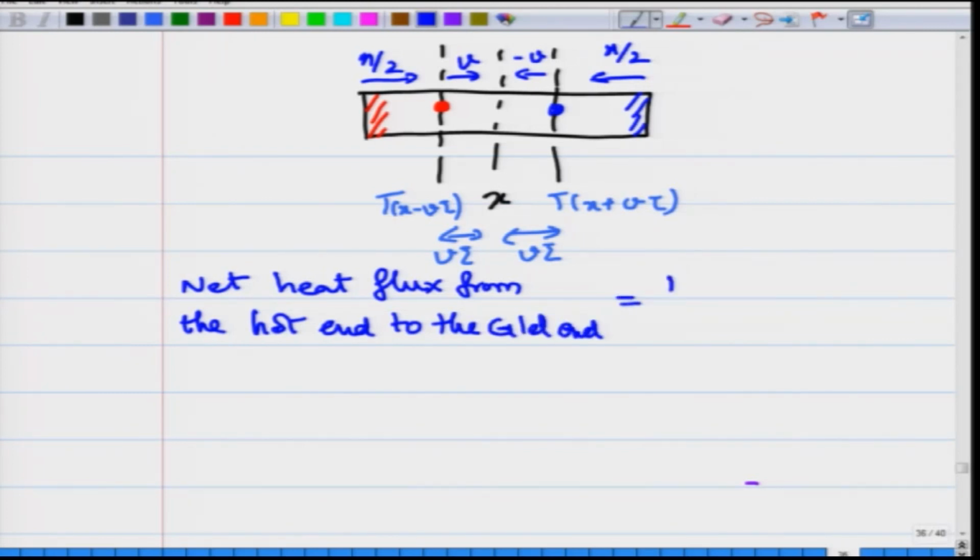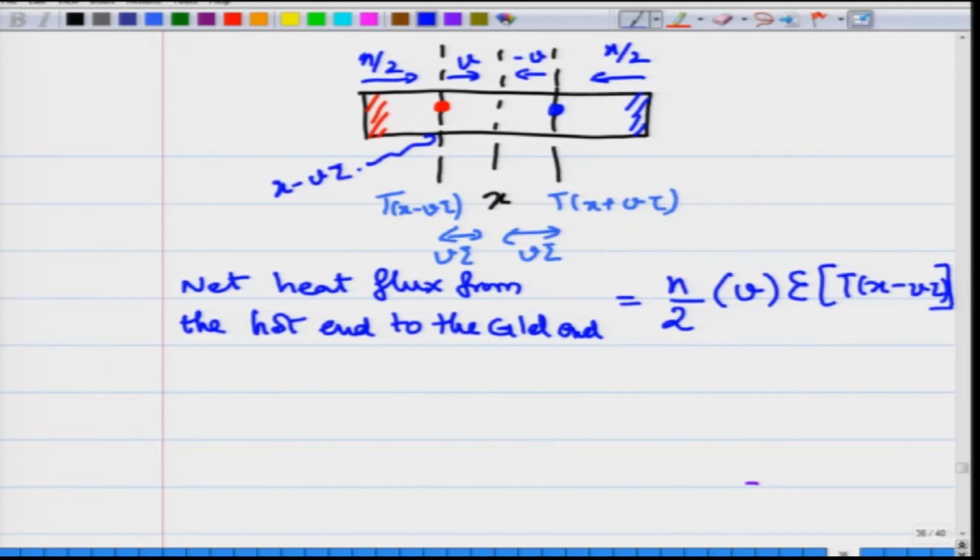It will be n by 2 into v into the energy which is determined at the temperature T at x minus v times tau. n by 2 is the density of electrons moving from left to right, v is the mean speed of the electrons, and E is the energy of the electrons determined by the local temperature at x minus v times tau, the hot end side, because those are the ones which will carry the energy.